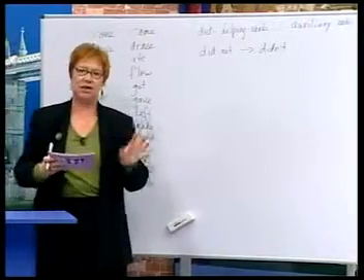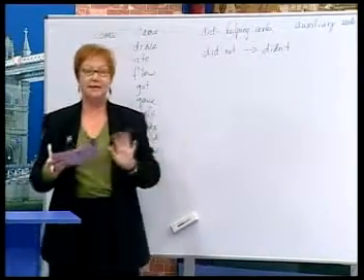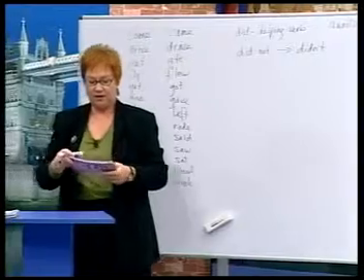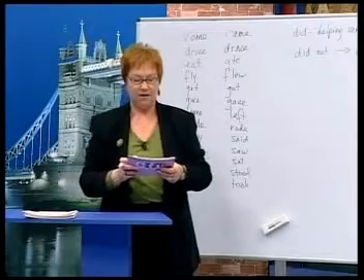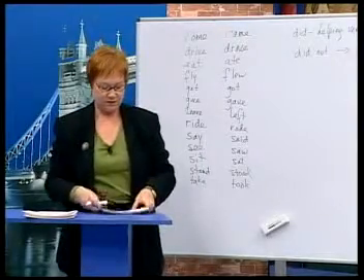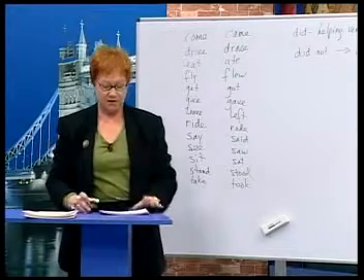If you look at the chart, you can see the difference in the sentences. So if you look at the chart, you see subject, helping verb, negative, main verb, and the complement or the object. Now, if you look at the chart, the first two are positive.